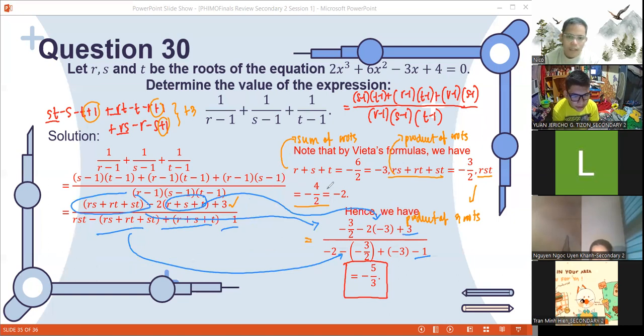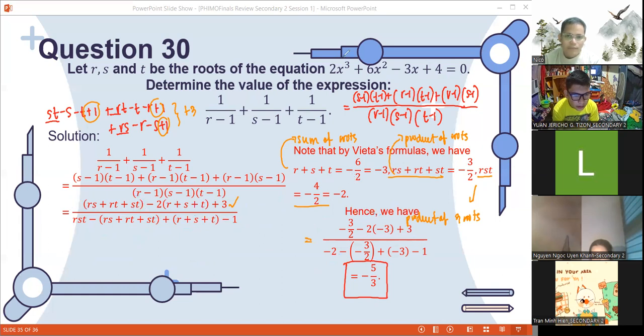Okay? Again, let's look at this one. So again, this one is negative 3. This is positive 3. Then this is 2 times the sum R plus S plus T. This is this one. Then this is this one also. Then this is minus 1. Then minus 1.